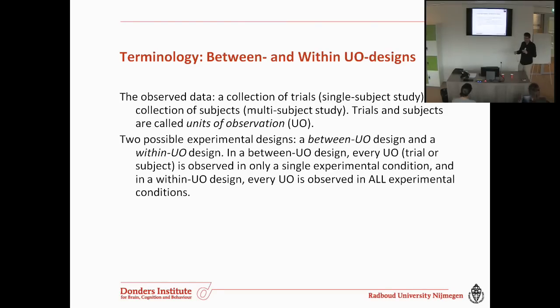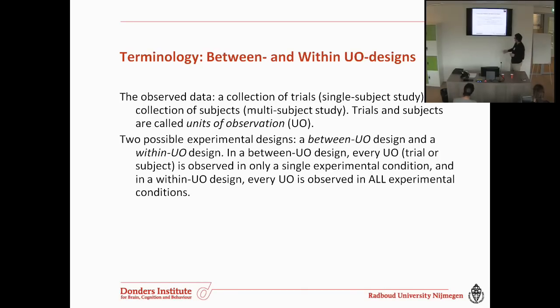Typically the experiment is such that in one experimental session, trials are collected of the multiple experimental conditions. At the end of the experiment, you calculate the average across the trials within every condition, and so for every subject, you have at least two numbers, one for condition A, one for condition B.